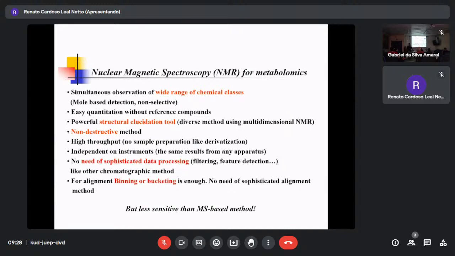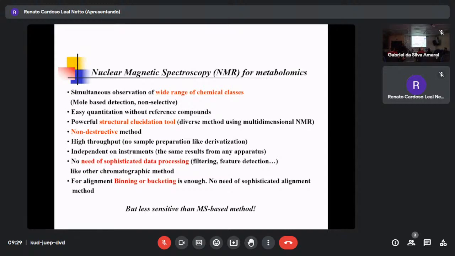Actually, the basic idea is the intensity of the signal is proportional to the number of protons plus the molar concentration. Molar concentration. So that's why in this case, in NMR you should select the internal standard. It's not less important than mass.